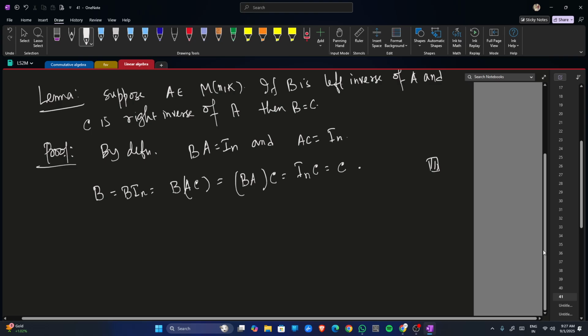Then you can talk about something called A inverse. Otherwise, you can't talk about A inverse. A inverse is the unique element such that AB equal to BA equal to identity. That's why we call it A inverse. We don't call it A inverse because this holds. The uniqueness is important.